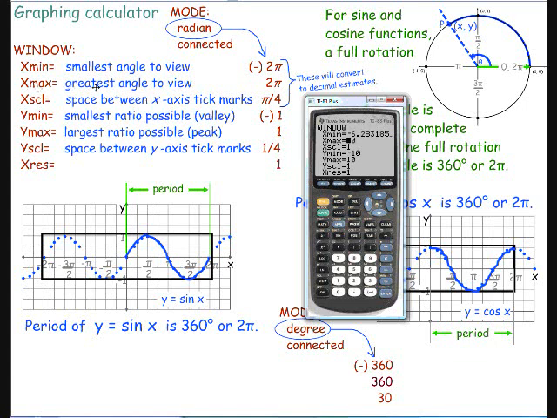X max is the greatest angle to view, and we know that what I've defined as my window here, I only want to go up to 2 pi, so I'm going to put in 2 pi for that. X scale, that's the space between the x-axis tick marks on your graphing window.